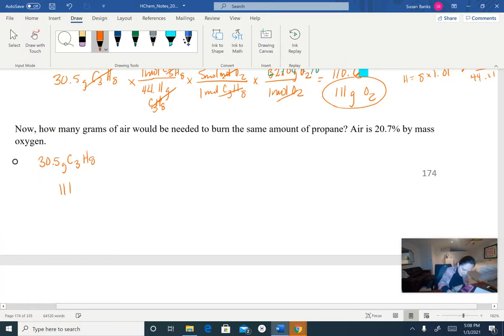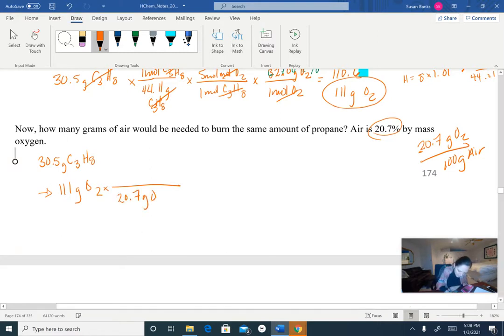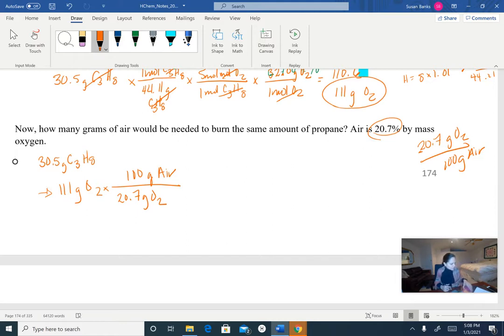So if I have 111 grams of oxygen, now, can we use this to create a ratio? That means I have 20.7 grams of oxygen for every 100 grams of air. Okay, I want to cancel out my grams of oxygen, right? So I'm going to put this 20.7 on the bottom. 20.7 grams of oxygen gives me 100 grams of air, right?